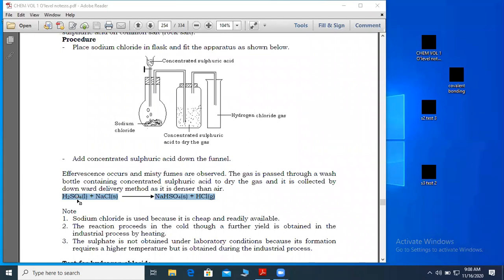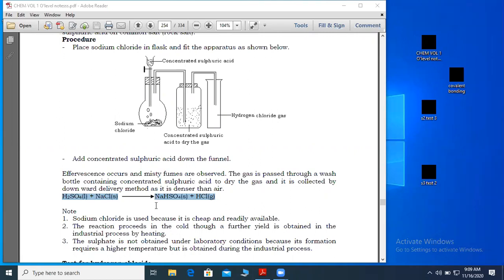And one of the properties of concentrated sulfuric acid we saw some time back is that it is a dehydrating agent, or it is hygroscopic. It absorbs water from the atmosphere. Now here it absorbs water from the solution, so there is no water. The salt is sodium hydrogen sulfate and not sodium sulfate.